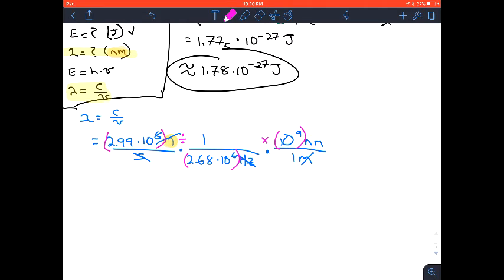Okay, so we come up with 1.115 times 10 to the 11th nanometers. We're looking for 3 sig figs here.